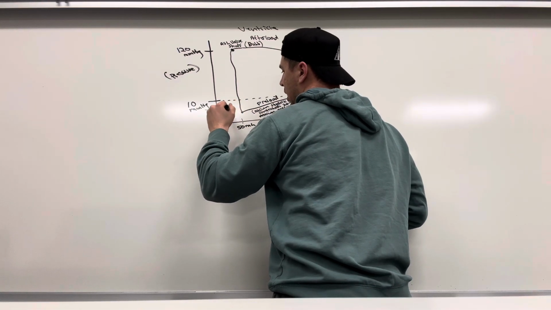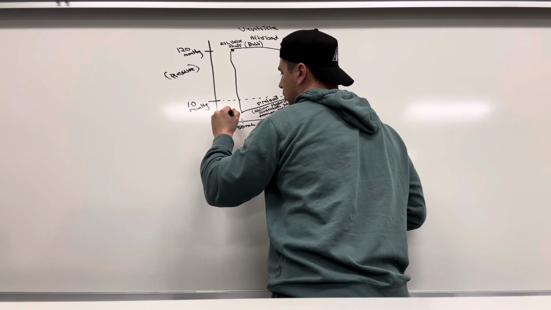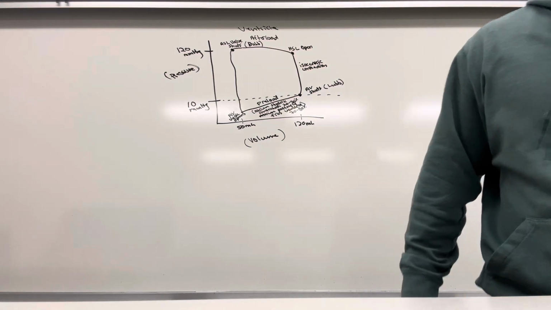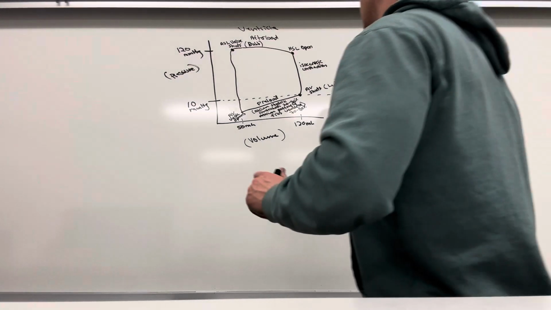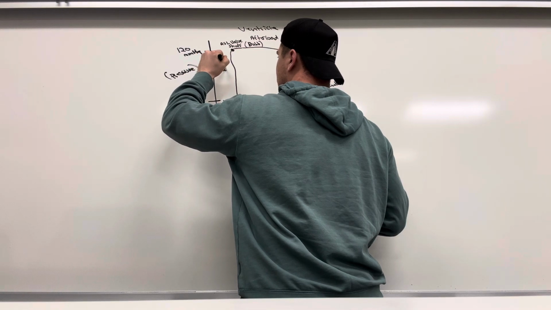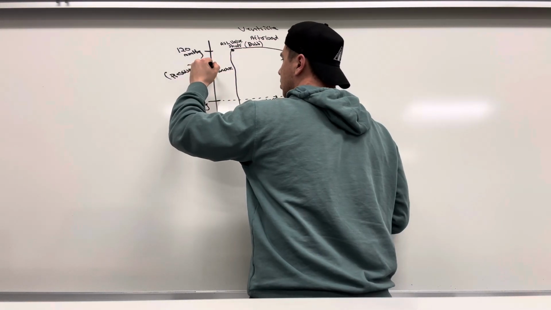This is where the AV valve opens. Okay, let me make sure I got everything. So yeah, AV valve opens there. And then on this side, this would be our isovolumetric relaxation.